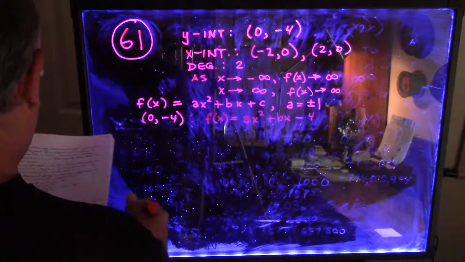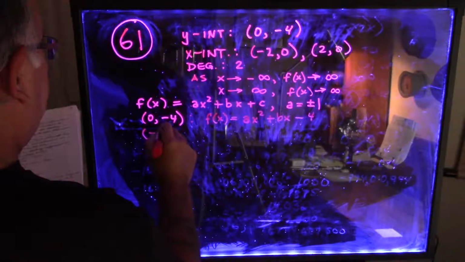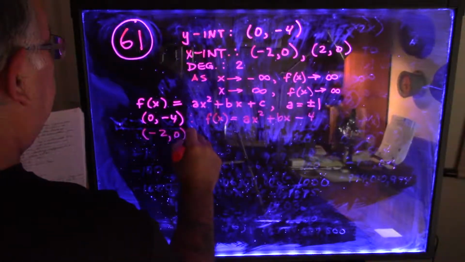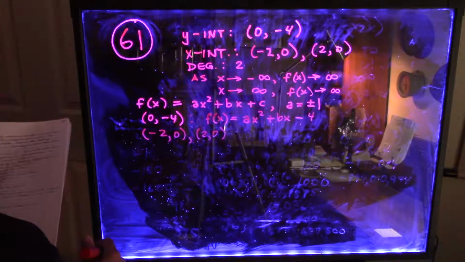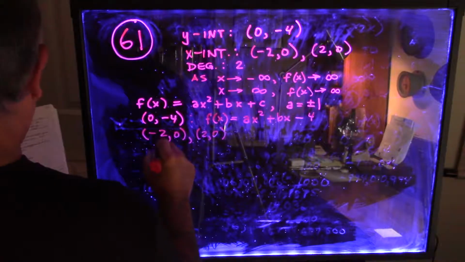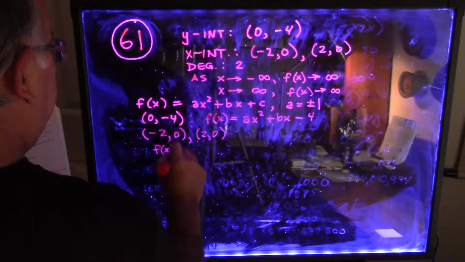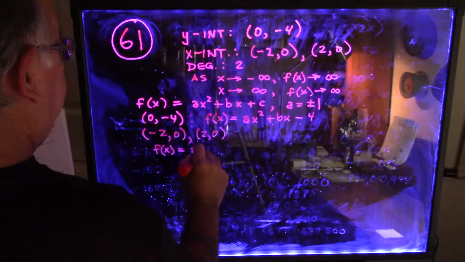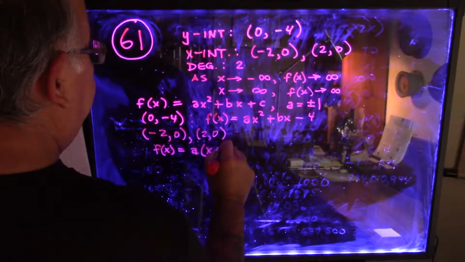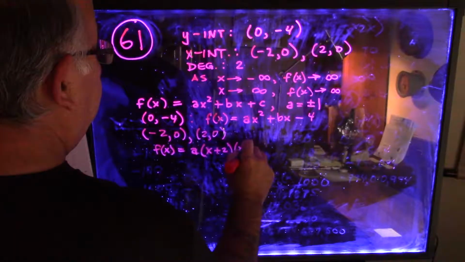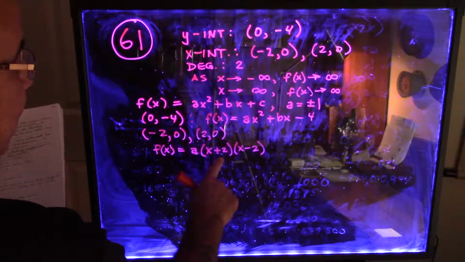Okay. Now the x-intercepts are -2, 0, and 2, 0. Alright, so for that to be the case, then f of x must equal a, that's the leading coefficient, times x plus 2, x minus 2. Alright, that gives us a quadratic when you multiply these out.